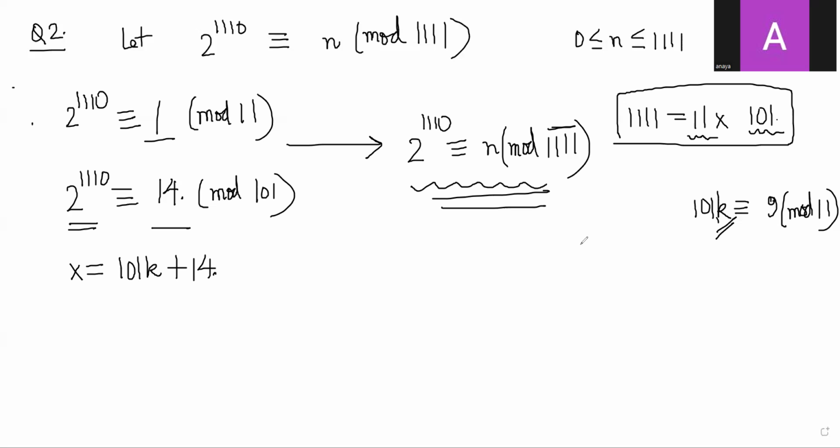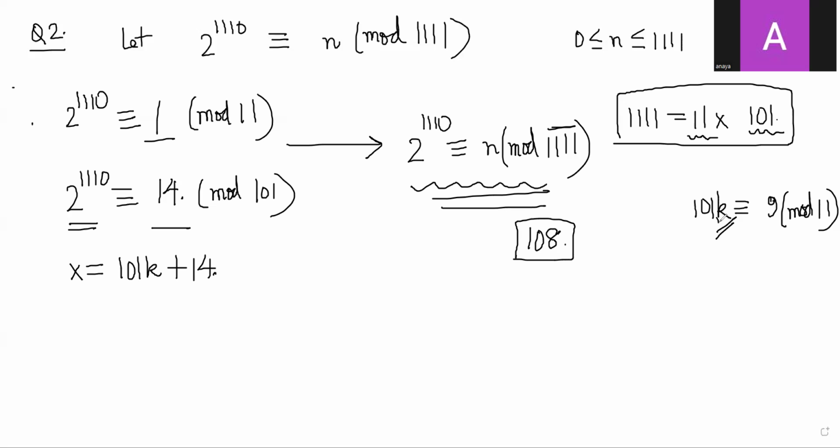K cannot be 1 mod 11 also. Because 9 mod 11 is basically, what are the numbers that are 9 mod 11? Near 101, 99 is 0 mod 11. So 9 mod 11 is 108, right?